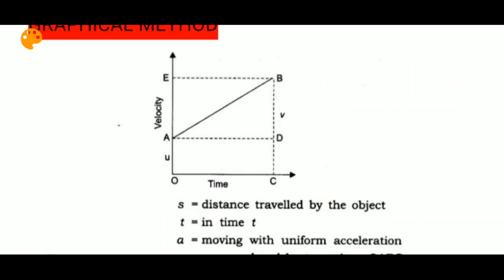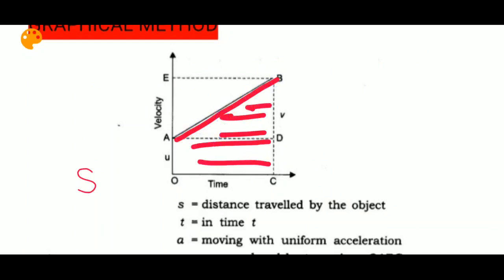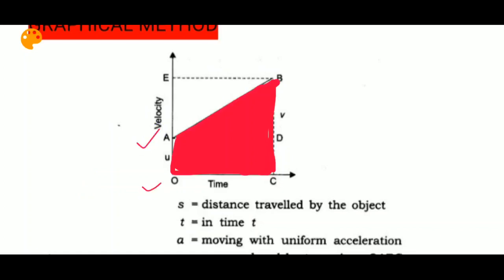Now we know that the distance travelled by the object is given by the area occupied below the v-t graph. And the area occupied below this graph AB is the area of a trapezium OABC.